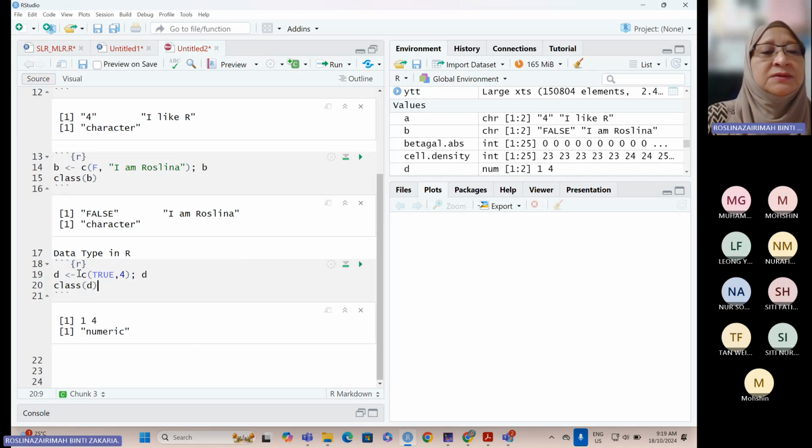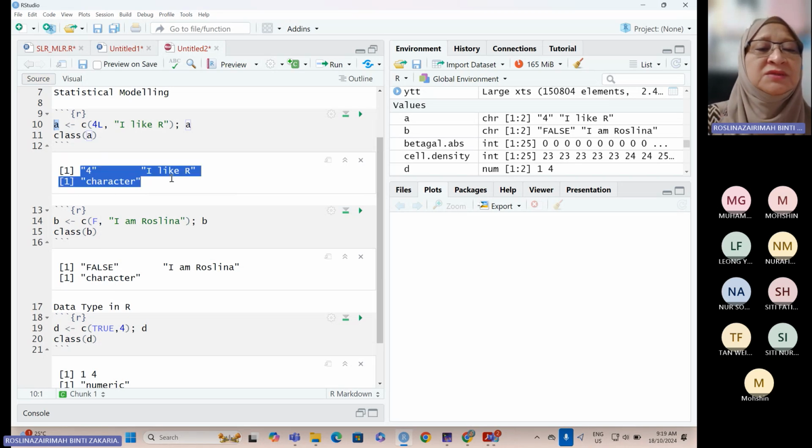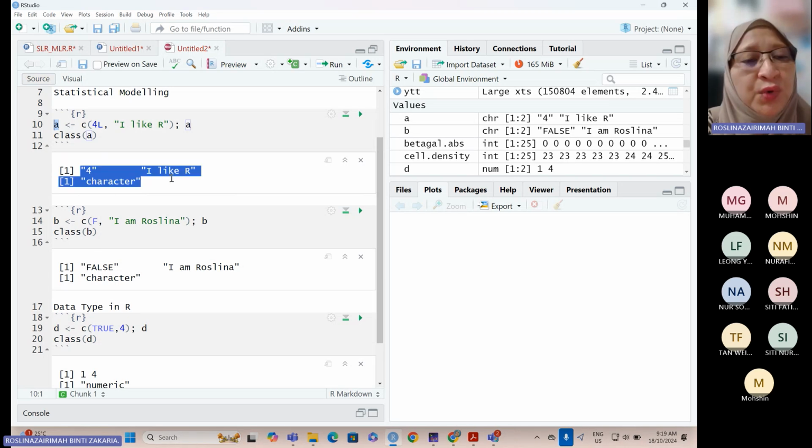Whenever you combine, C means concatenate, that means combine, an integer with a character, if you check the class, this new data type becomes a character also. So this is based on the coercion rule.